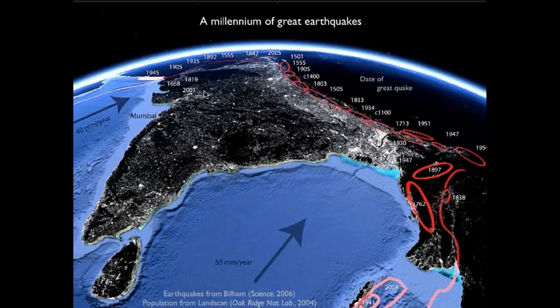And the front fender of that car crash are these red ellipses, the sites of magnitude 8 to 9 earthquakes over the last millennium. The problem is virtually no great earthquake has occurred in several generations, so there's no cultural memory of this threat.